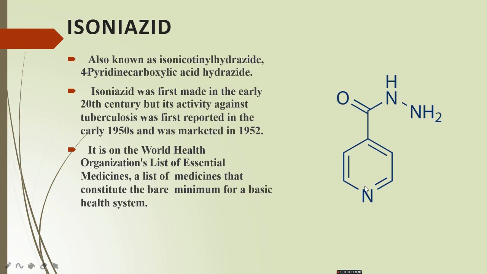This is the basic structure. It comes under the category of pyridine ring. So the basic moiety in isoniazide is the pyridine ring. On the para position of the pyridine ring, we are going to attach a nicotinic hydrazide group: C double bond O NH NH2.